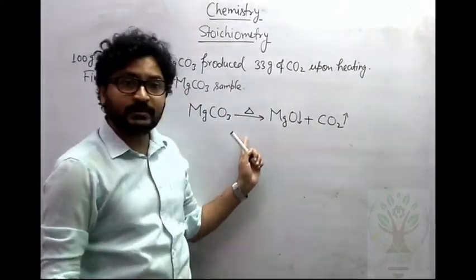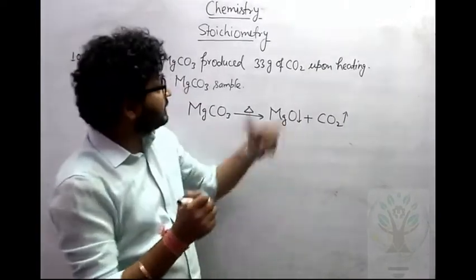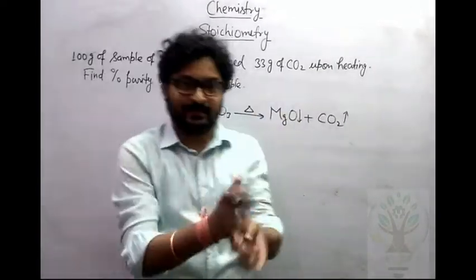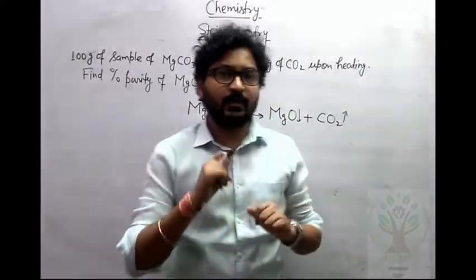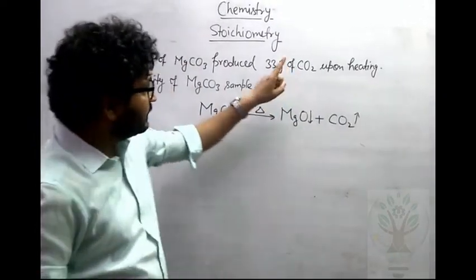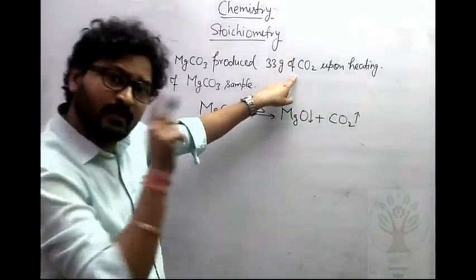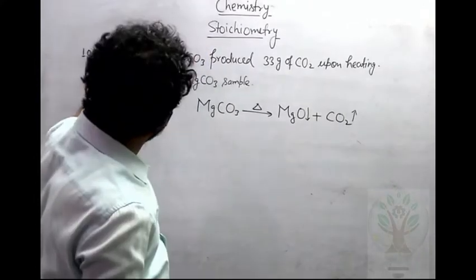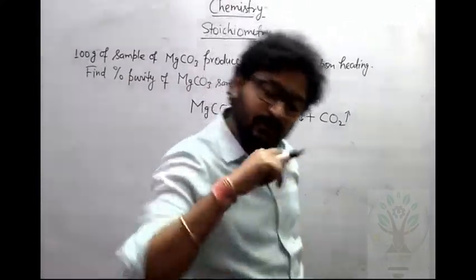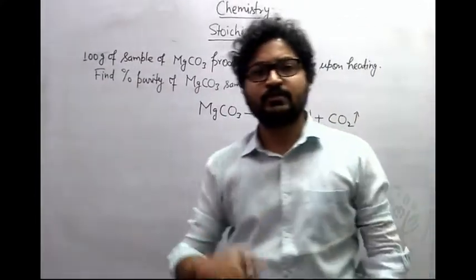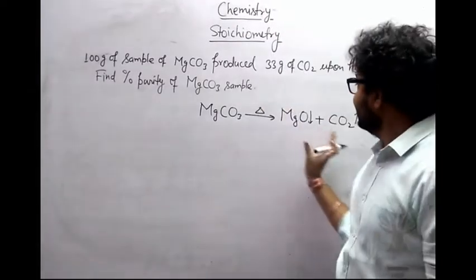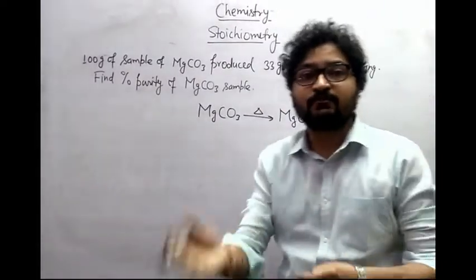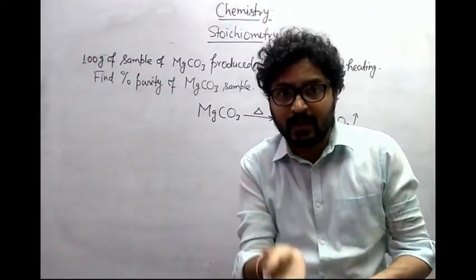But when you heated the sample, CO2 was produced and this much CO2 you collected. Is this clear? Now tell me, which data is more correct, 33 gram of CO2 or this 100 gram of MgCO3? Definitely 33 gram of CO2 is more correct. Why? Because this is the amount of CO2 which is formed right now in front of your eyes.